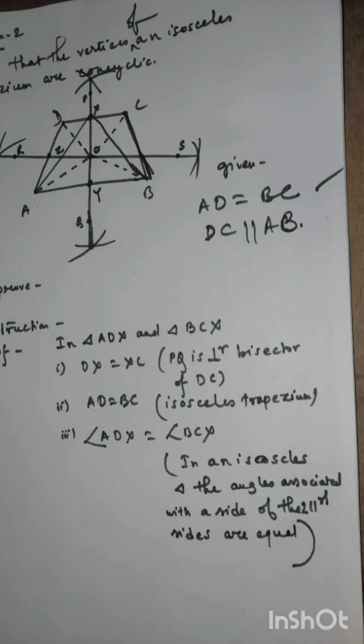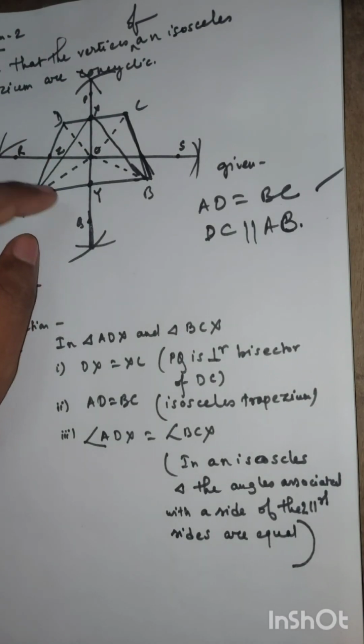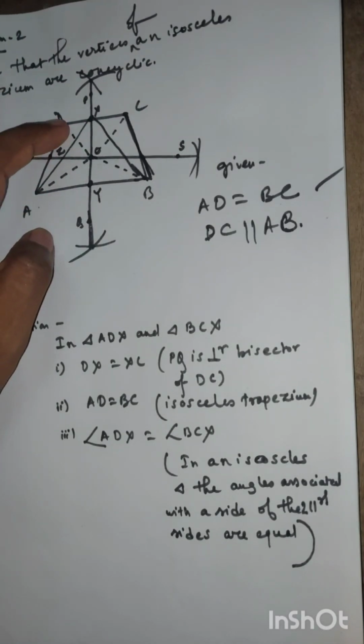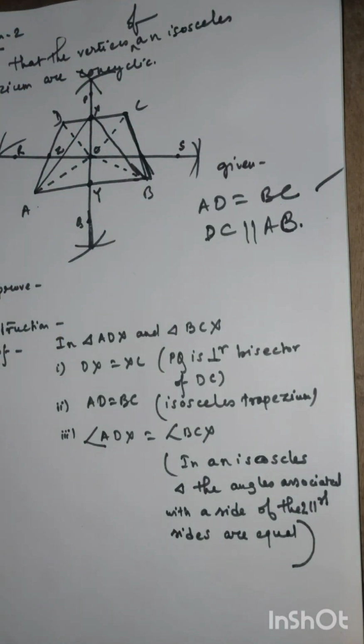In an isosceles triangle, we know the angles associated with a side of the two parallel sides. Okay, these are two parallel sides, so the angles associated with any one of them are equal.